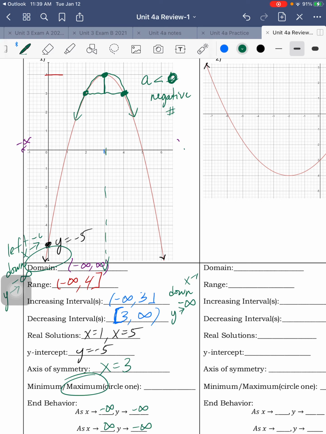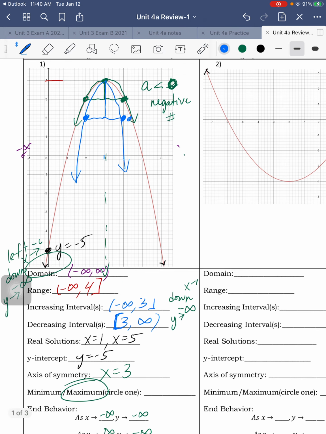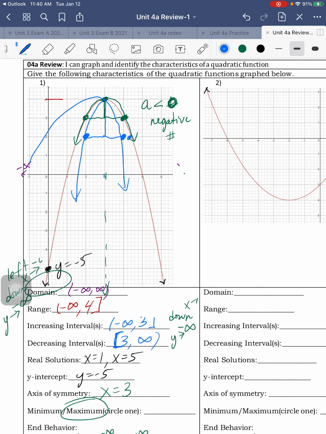If it was narrower than that, it would be 2 down and 1 over, and then 2 down and 1 over this way too. So it would have been more like a graph like this if the absolute value of a is greater than 1. If it was less than 1, it would be a wider graph.